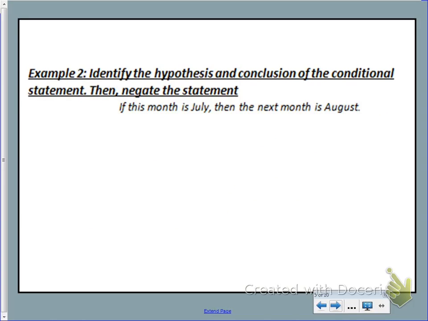Example 2 says identify the hypothesis and conclusion of the conditional statement. Then negate the statement. We'll talk about what this word means in a minute. Well, we know the if is the hypothesis. So the hypothesis is this piece right here until that comma, and the conclusion is what is in the then piece.